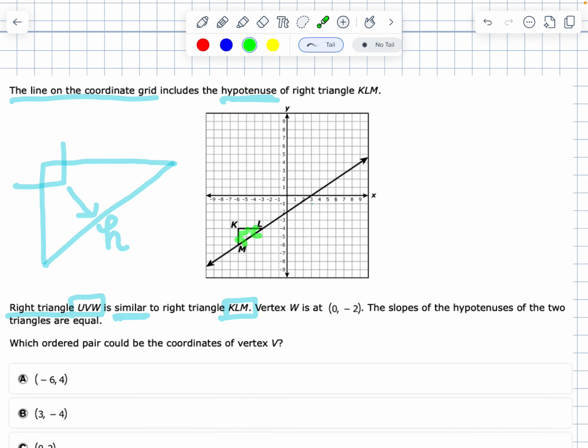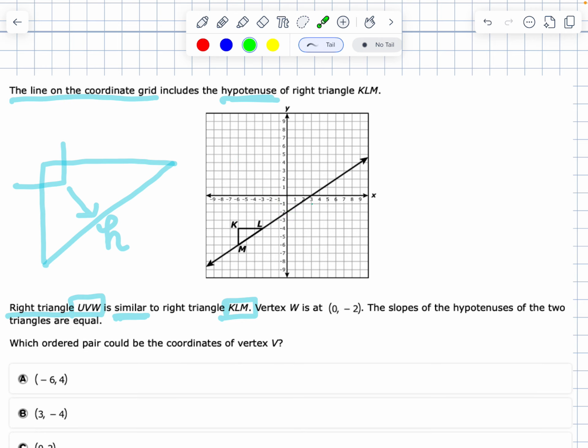Now, it gives us this vertex point, which we're going to plot in just a minute, and then it says the slopes are equal. And when the slopes are equal, it either means it's going to be on this line or it's going to be parallel to this line. It can't be going this way.